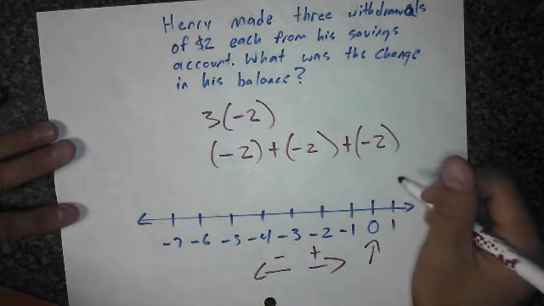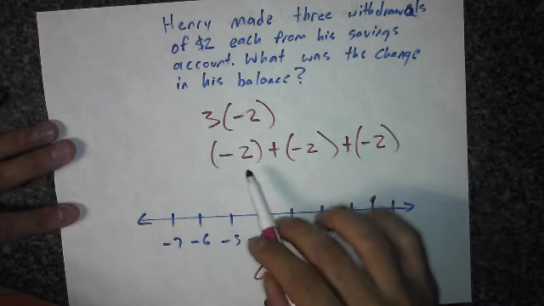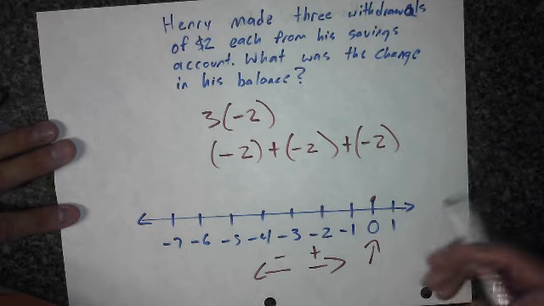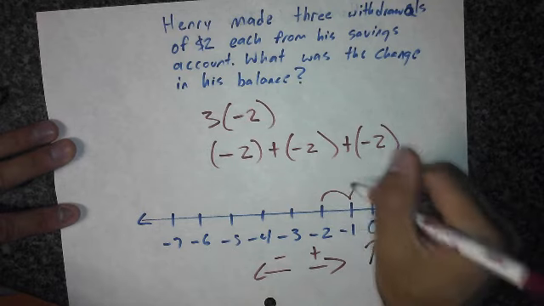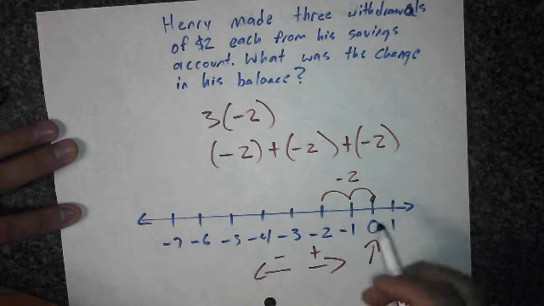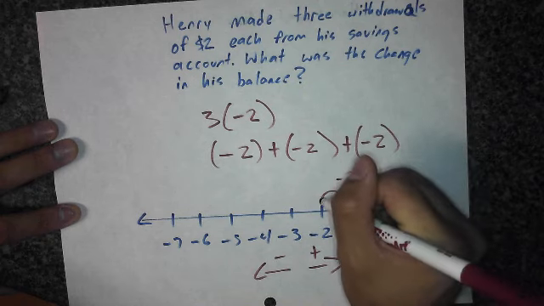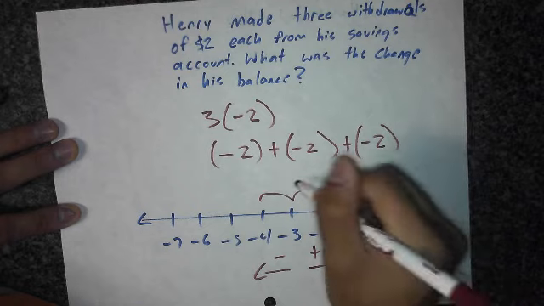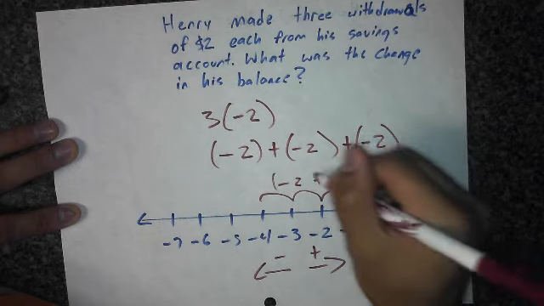We always start on 0 with multiplication. So we start here, and we're going to go negative 2 spaces, to the left, 1, 2. So that's negative 2. And then we're going to go another 2 spaces, 1, 2. So that's another negative 2.